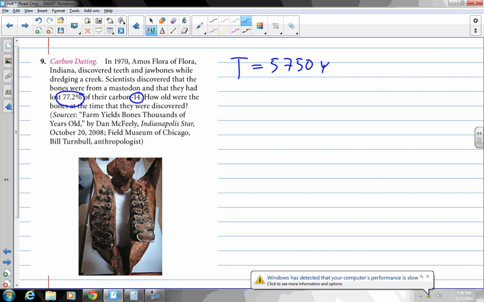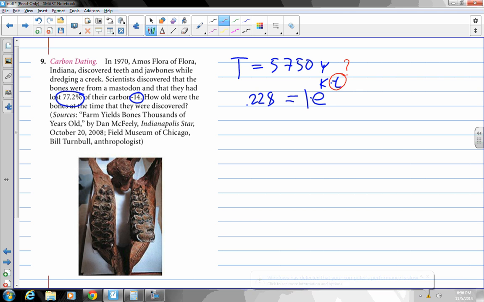We started with 100% of carbon, and we got down to 22.8% of carbon, and k times t, right? The question is how long it took to go from 100% to 22.8%.